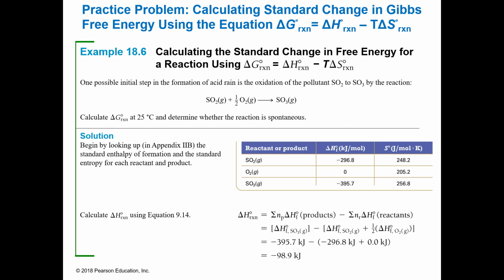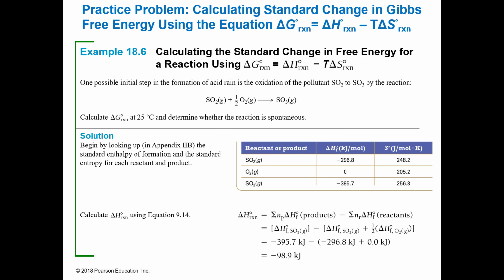Plus the mole in front of the oxygen is 1/2, so we say 1/2 times the standard enthalpy of formation of oxygen. You say, why'd they do that? Well, to be complete, that's correct, but you know the standard enthalpy of formation of a pure element in its standard state is 0, so there it is, right below, 0 kilojoules. Here's negative 296.8 for the sulfur dioxide standard enthalpy of formation.